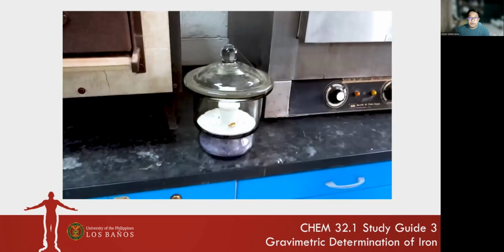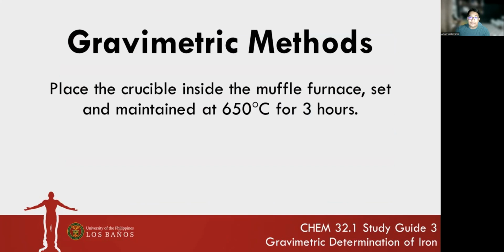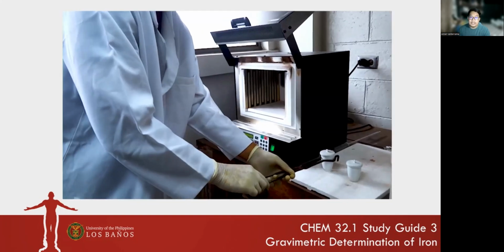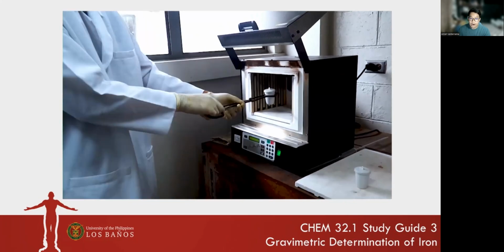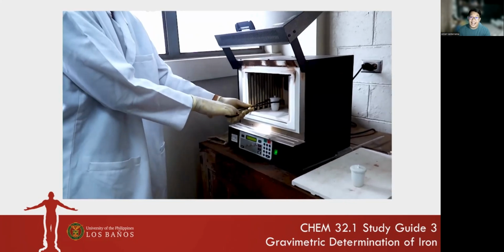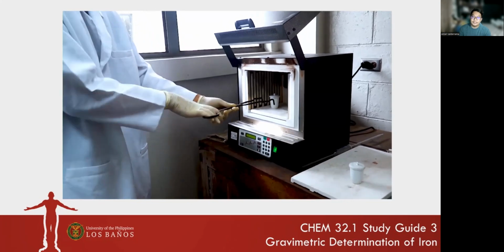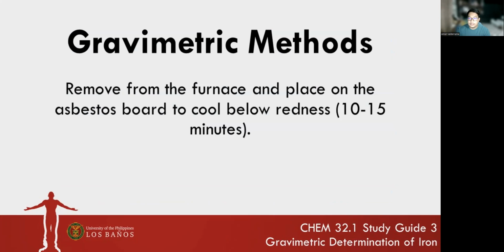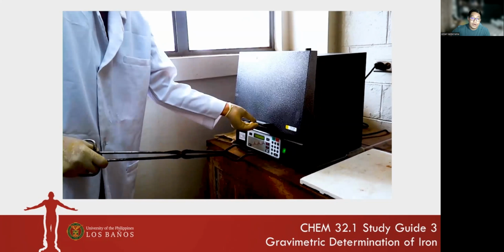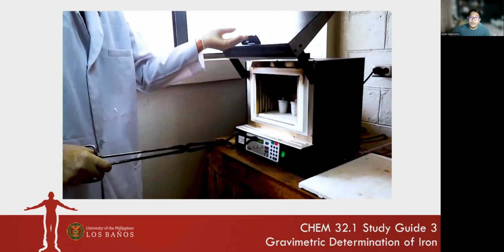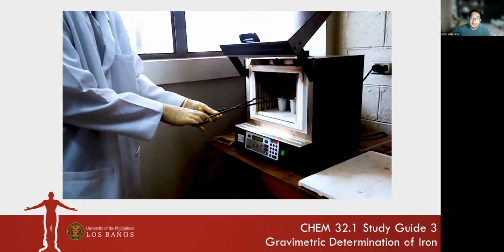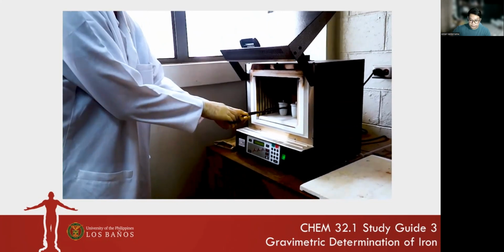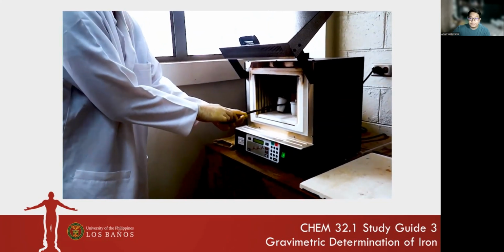Then after drying, we will subject it to muffle furnace for ignition. And again, ang ignition ay at 650 degrees Celsius for another 3 hours. So medyo matagal yung ating experiment, no? And after that time, we will have to remove it and we will weigh our crucible as if nagte-tear ulit tayo. So ganun yung manner of weighing.